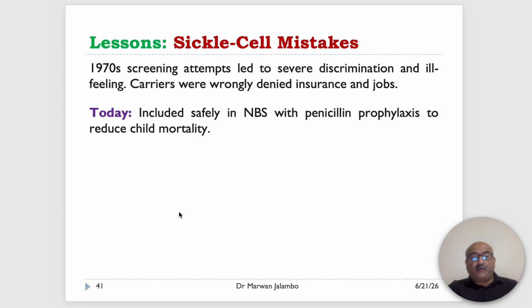Healthy carriers were wrongly fired from jobs and denied life insurance. Today, sickle cell is handled properly as part of standard newborn screening with strict privacy and immediate prophylactic penicillin provided to save children's lives.